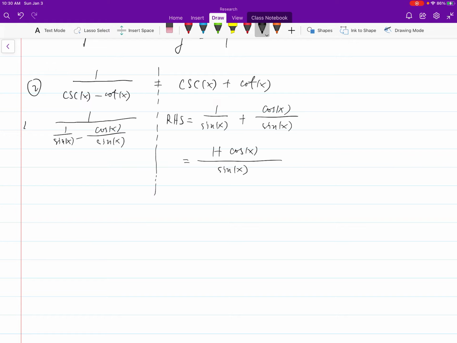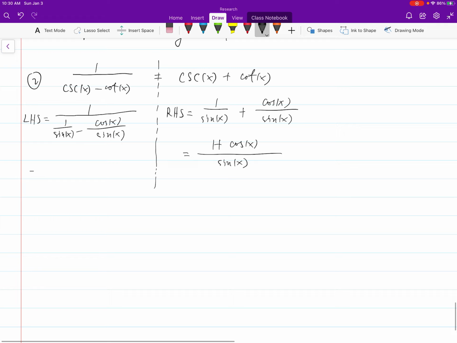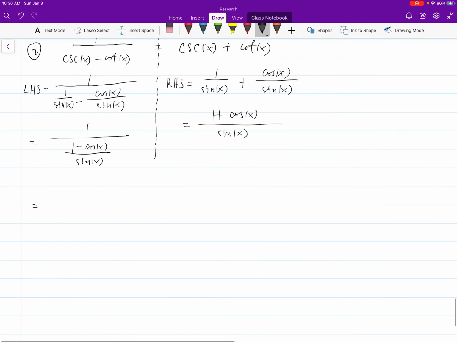So, one over a big fraction on the bottom. And 1 over a big fraction is the same as flipping the fraction.